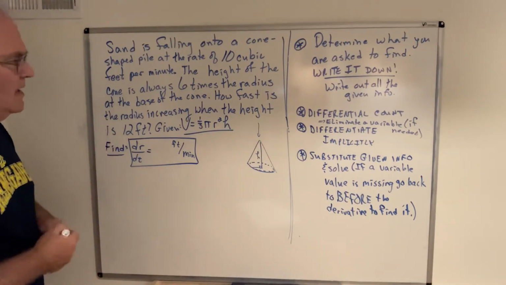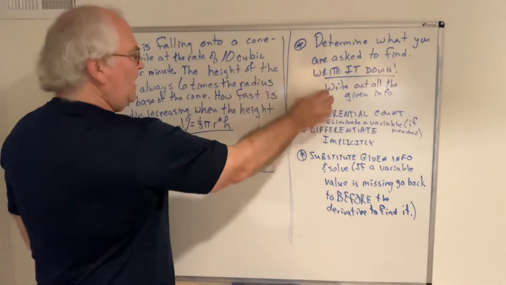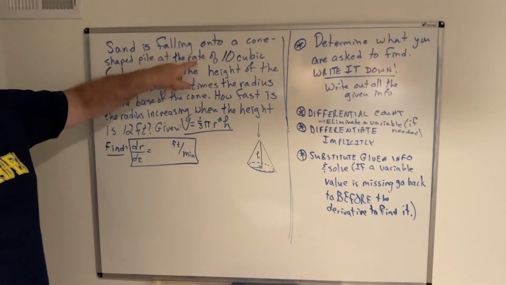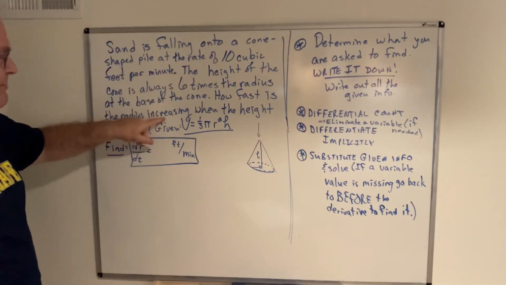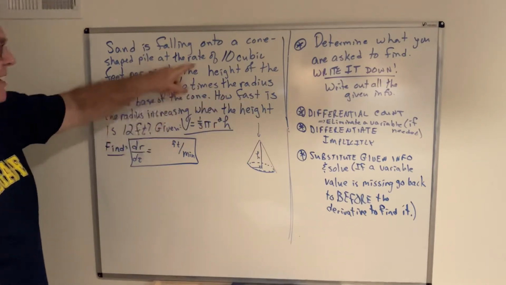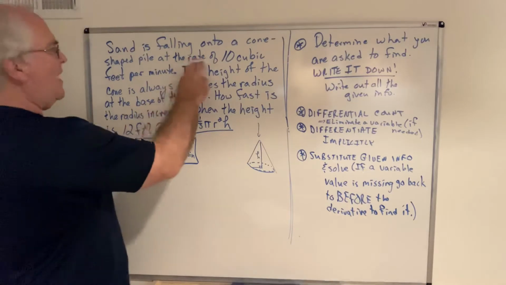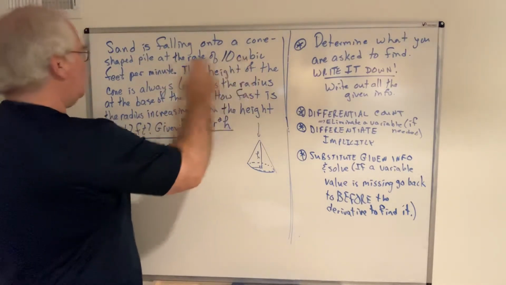All right, so now that's what we're asked to find. Also, what are we given? Sand is falling onto a cone-shaped pile at the rate. As soon as you see rate, or how fast something is happening, or how slow something is happening, that's a differential. This is the rate of 10 cubic feet.